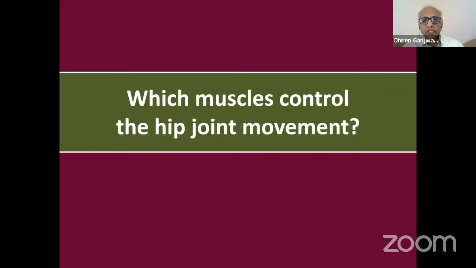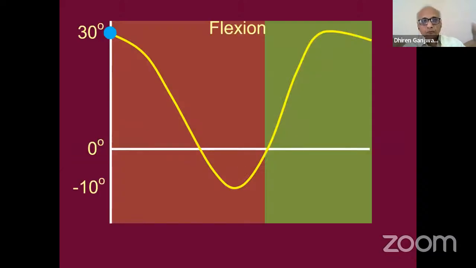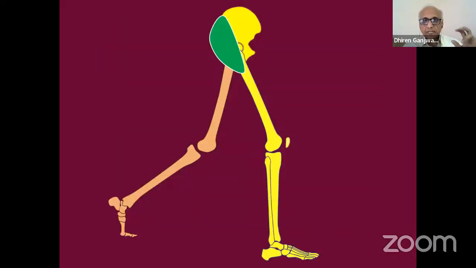So let us understand which muscles control the hip joint movement. We are trying to understand the first extension which is taking place. And this extension is by two groups of muscles. The first is the gluteus maximus, which is purely a hip extensor. And the second group of muscles is the hamstrings.